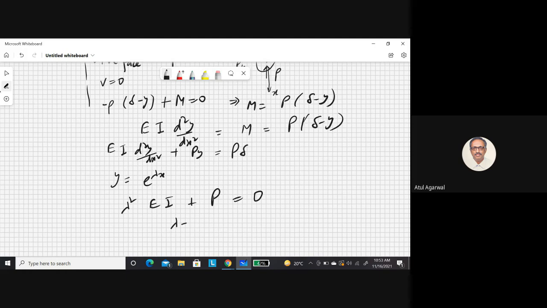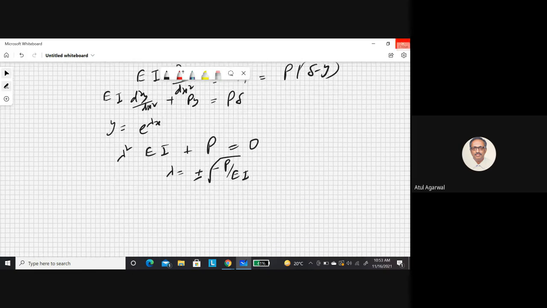So lambda is equal to plus minus square root of minus P by EI, so your y becomes a cos kx plus b sin kx. K is equal to root P by EI. Any problem? No, sir. We did this before.